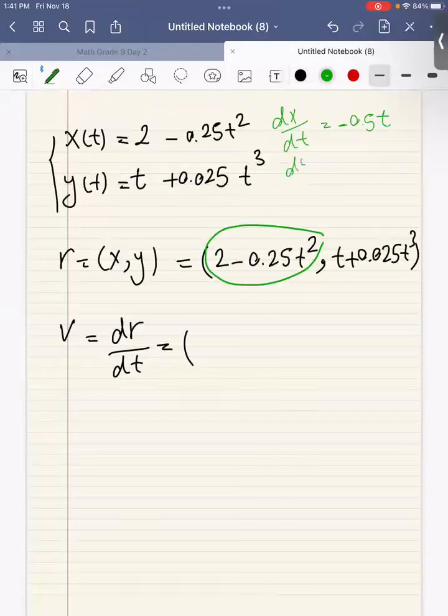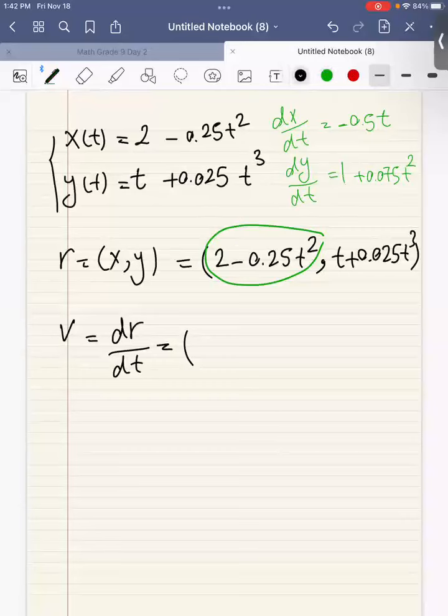And the derivative of y with respect to t: the derivative of t is 1, plus the derivative of t cubed is 3 t squared. Now you multiply 3 by 0.025, you get 0.075 t squared.